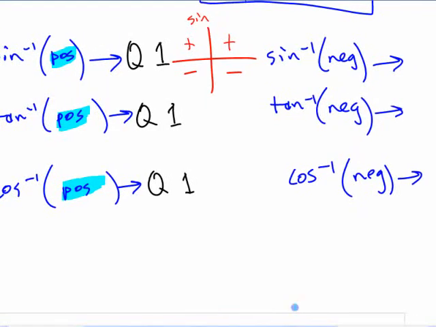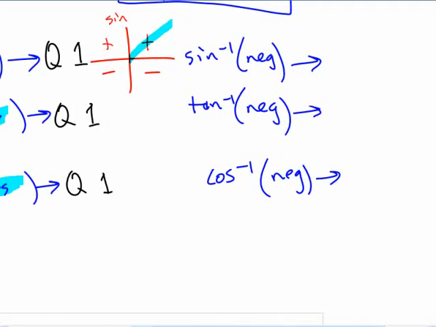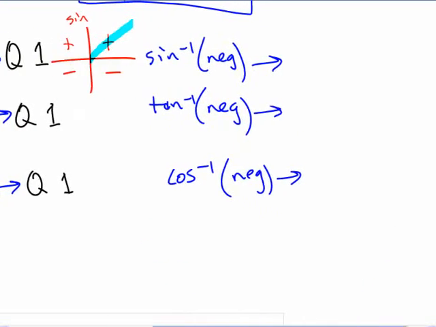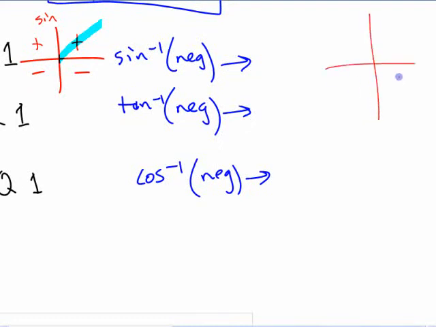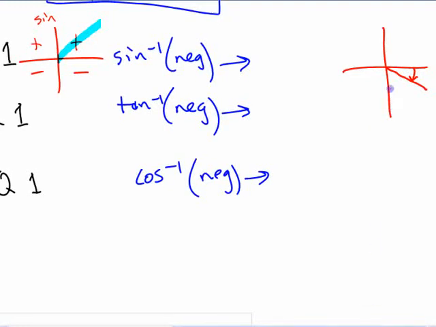What if you put a negative number in? For all of them? Well, negative isn't in quadrant 1. Where would negative be? Quadrant 4 is negatives, right? If it gives you an answer of negative 30 degrees, that's over here, right? Why does that make sense? What's true about the sine ratio?